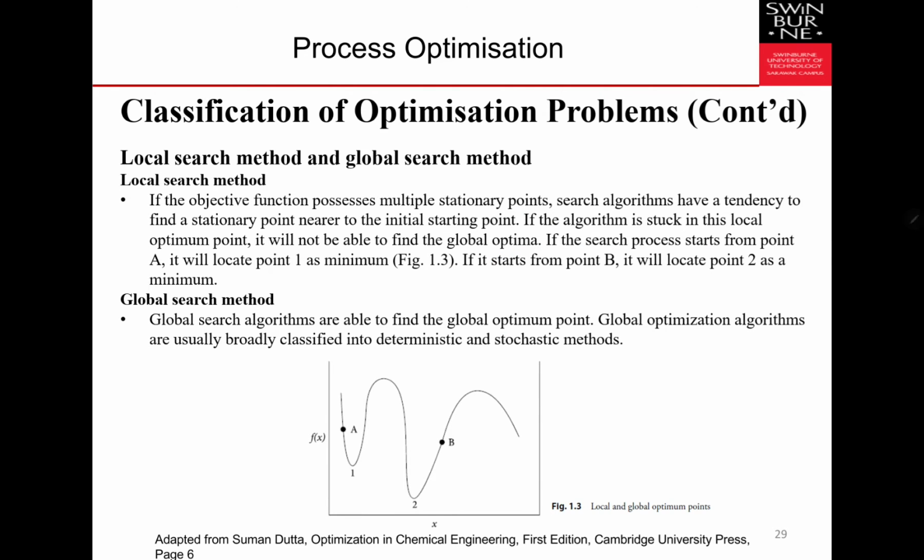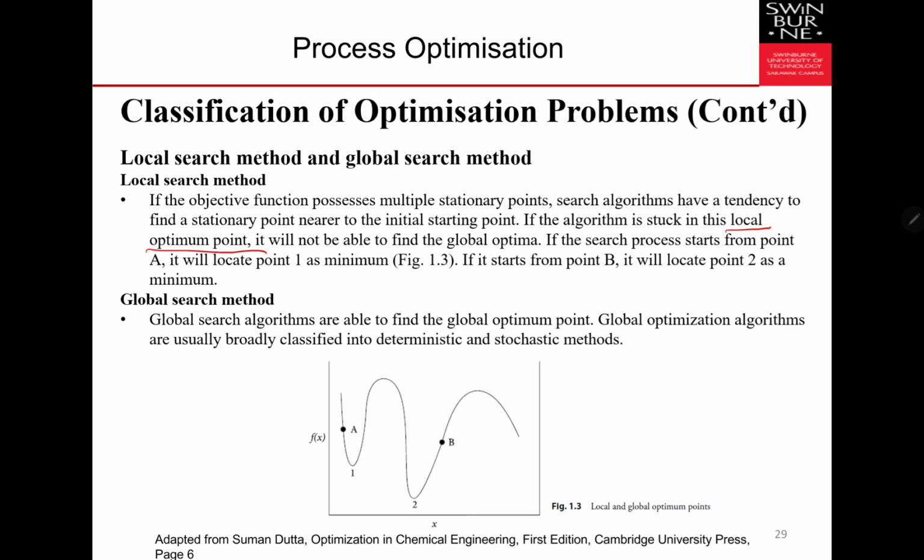We can also differentiate optimization problems using a local search method and a global search method. In a local search method, if the objective function possesses multiple stationary points, the search algorithm may have a tendency to find a stationary point nearer to the initial starting point. This will result in a solution having only the local optimum point, not the global optimum point.